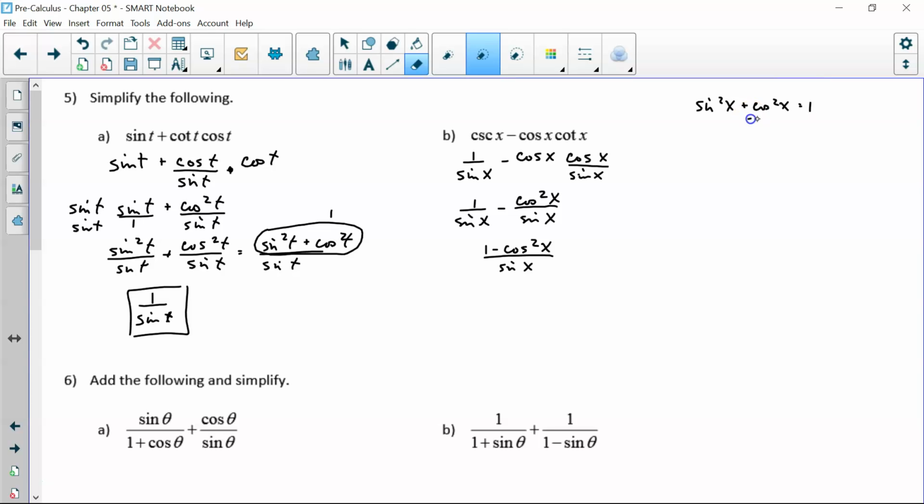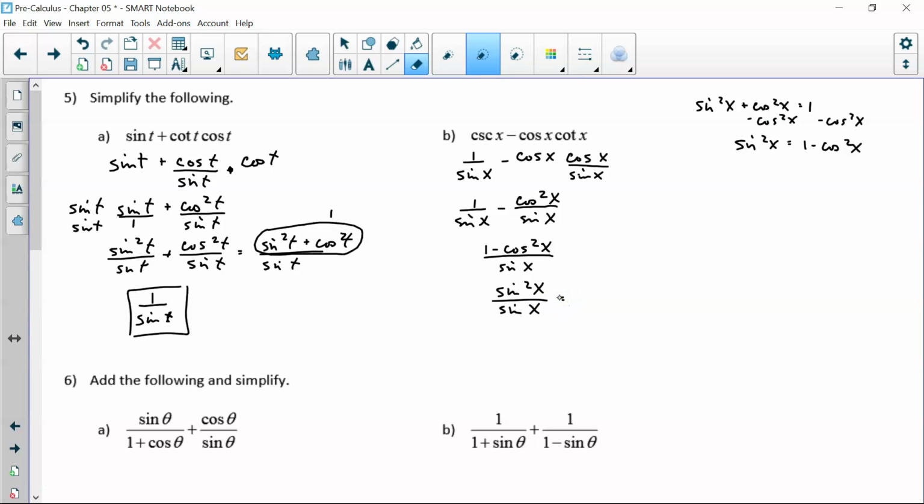Now, if I subtract cosine squared x from both sides, I get sine squared x equals 1 minus the cosine squared of x. So I can replace 1 minus cosine squared x with sine squared x over the sine of x.